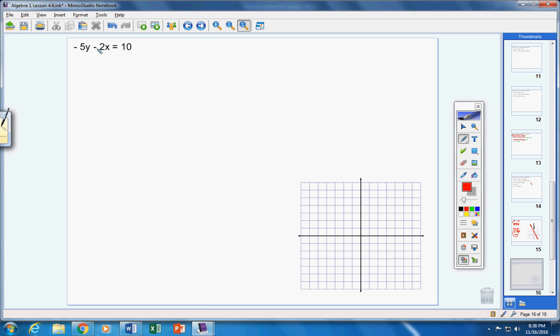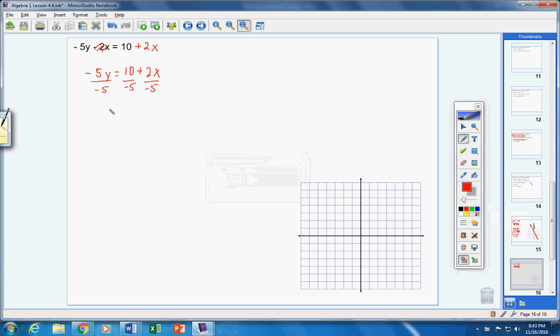Now if I want to get y by itself, I'm going to bring the negative 2x over and make it a positive 2x. Okay? So now I have negative 5y equals 10 plus 2x. Now we're going to divide everything by negative 5 to get y by itself.